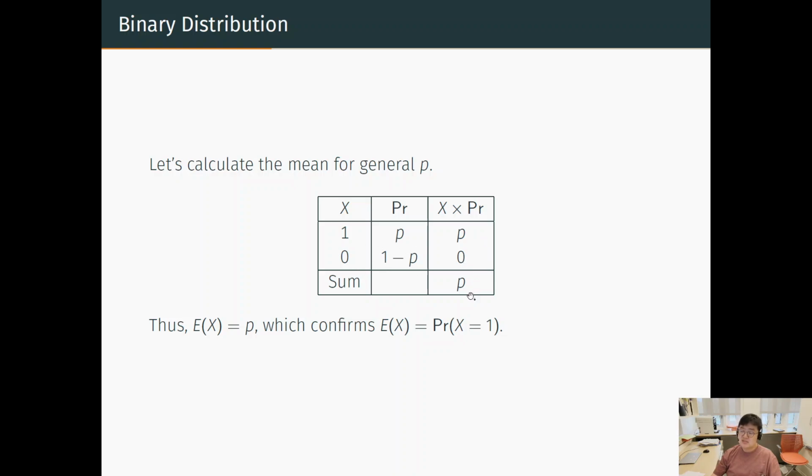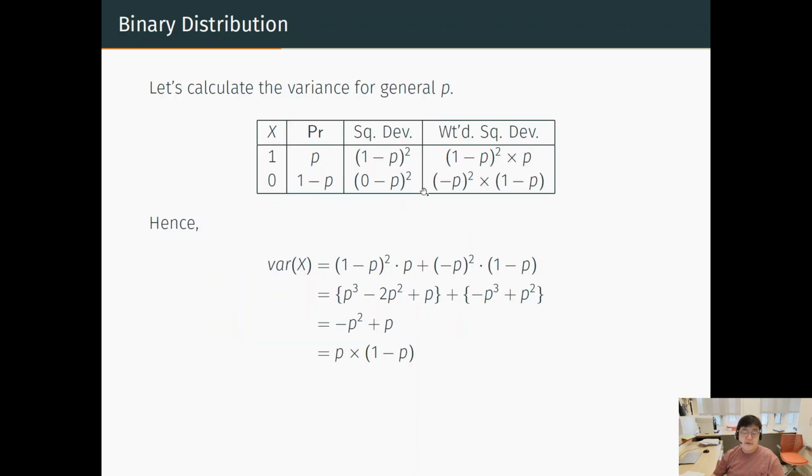So the mean is p. As I told you in the previous video, the mean is always the same as the success probability, right? So the mean is p, so we are going to interpret this as the probability of success. Okay, up to this point, it's clear.